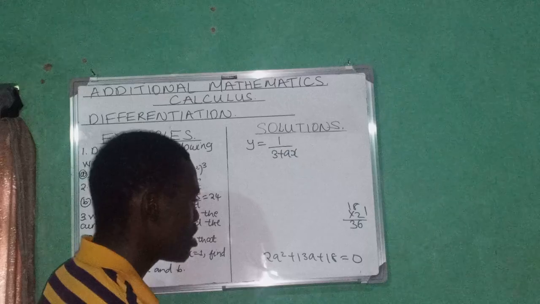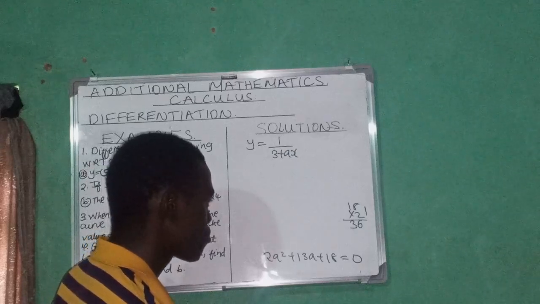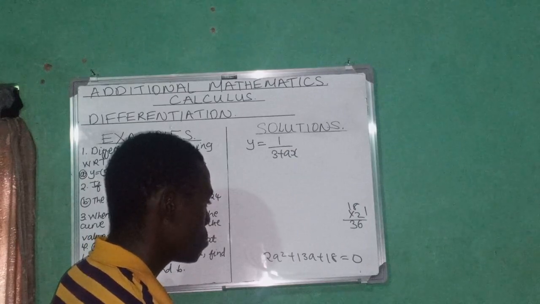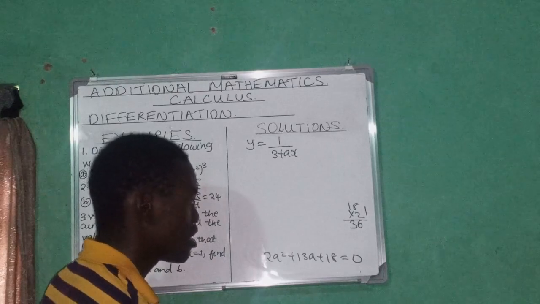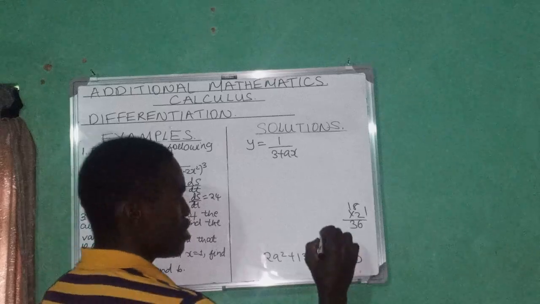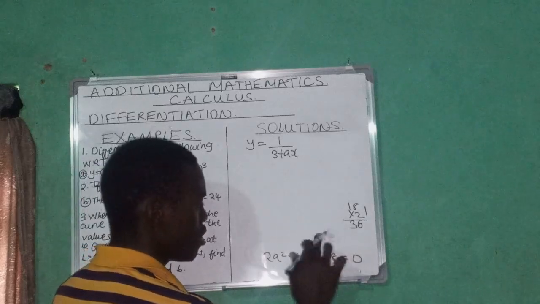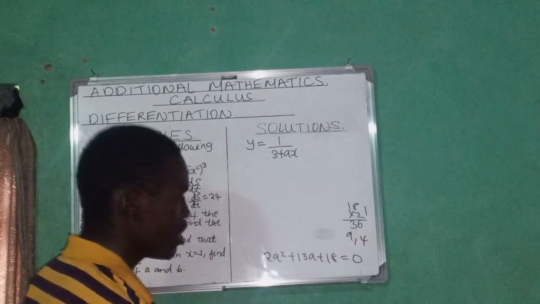So these two numbers must give us 36, and then when we add, they give us 13. Okay, so the product is 36. Now which two numbers should you add to get 13? There is a positive 9 and a positive 4.